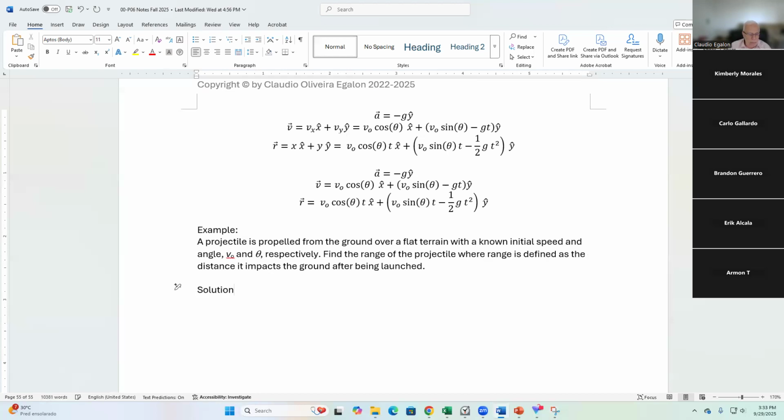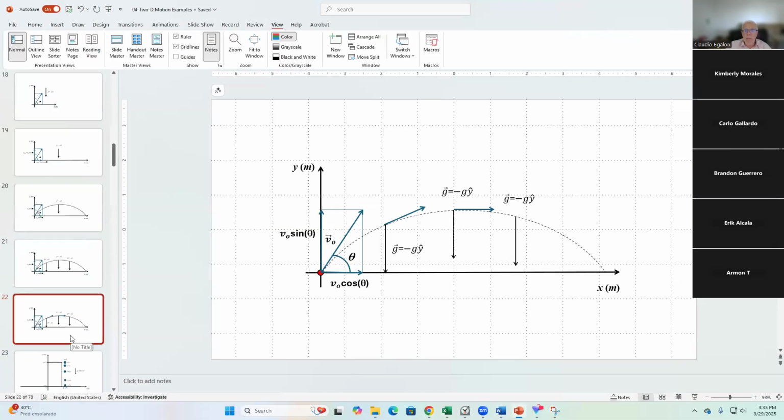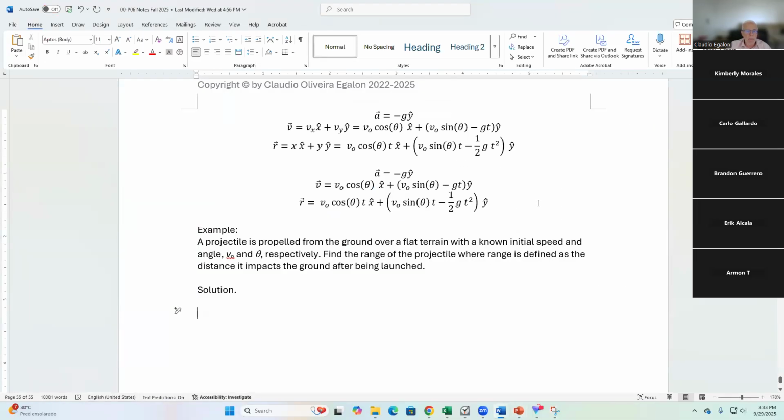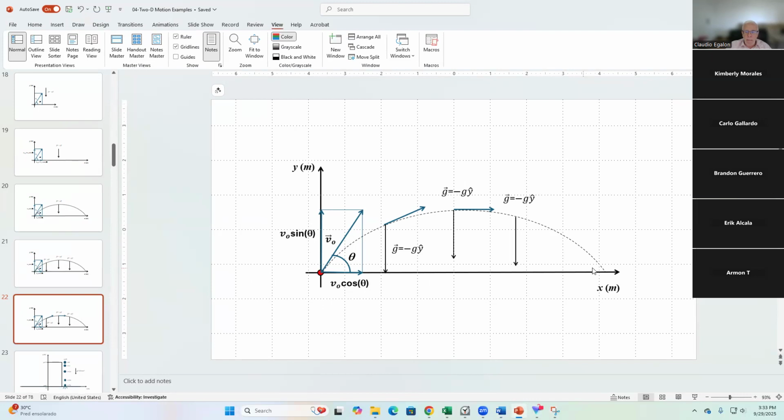Solution. If we go back here, the range is this distance here, from here to here. Okay? Find the range. We already have the equations of motion. And we also know that the moment the projectile impacts the ground, the position along the y-axis is going to be equal to 0, right?